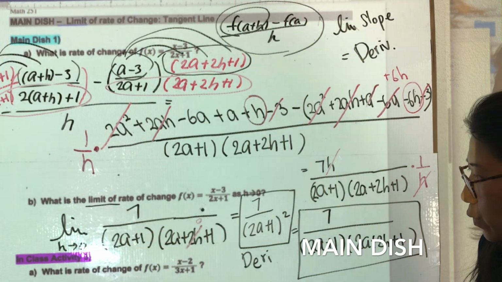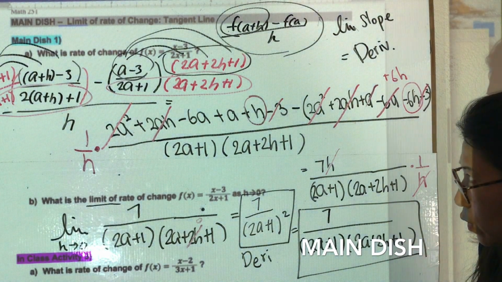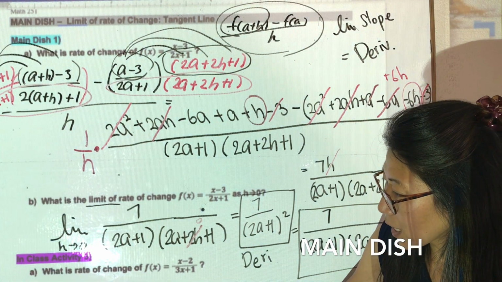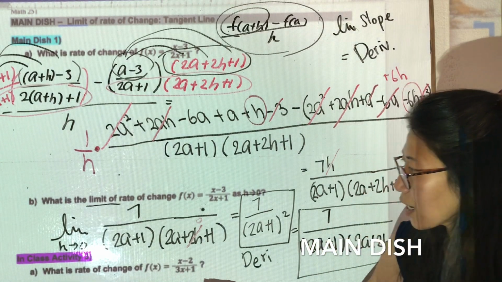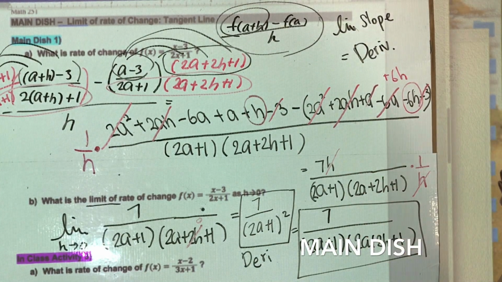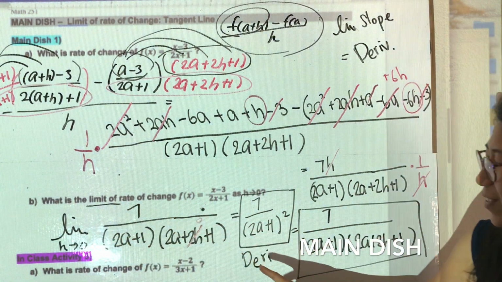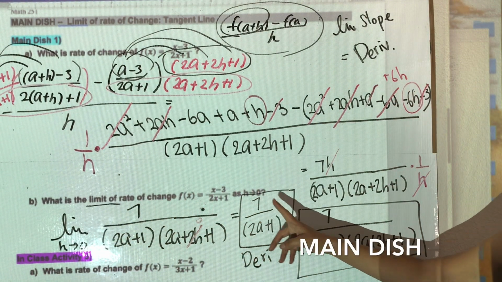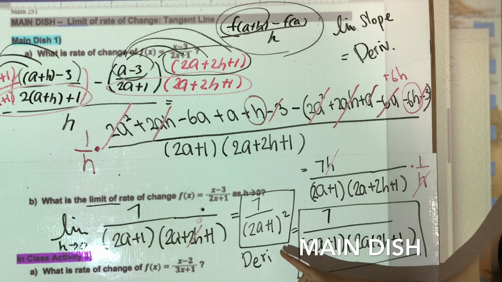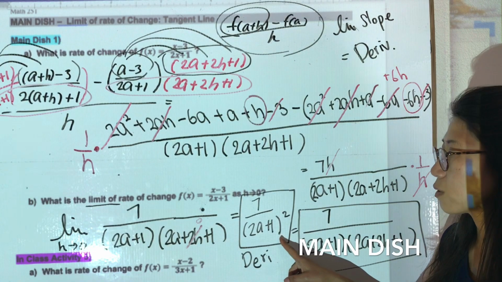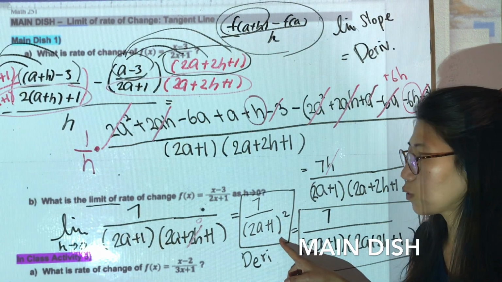So if you understand the meaning in here, then I want you to try the in-class activities one more time. I want you to get the rate of change and then try to find your limit as h goes to 0 and see what will be your derivative function. This is what we call a derivative function in the future.